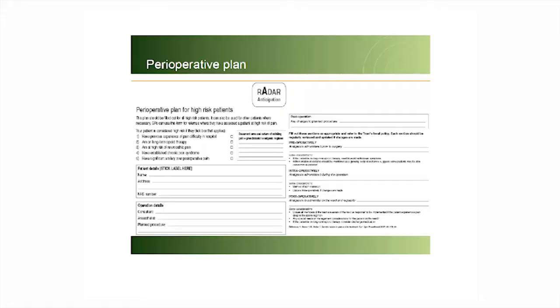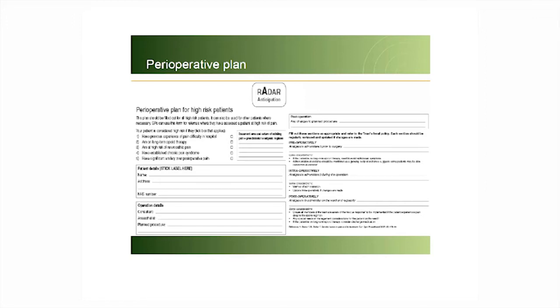So what we've done, this is a chart that was done by one of our pain nurses, Martin, who spoke earlier on today. This is the chart that we developed within our centre that was used for this radar acute pain project a few years ago.